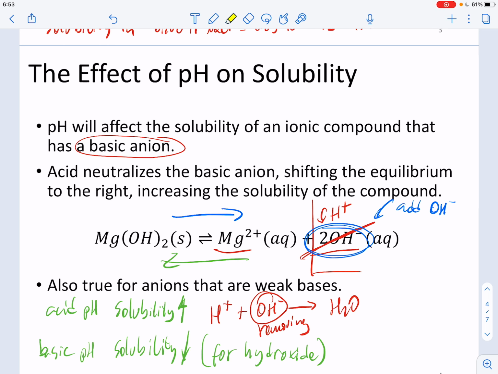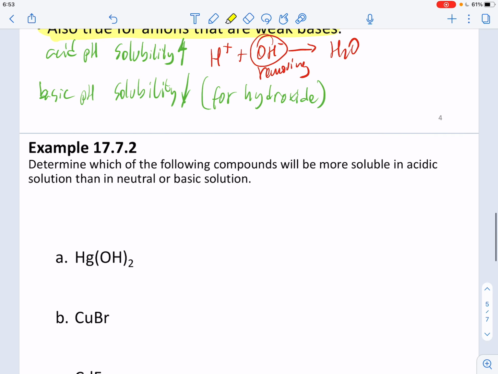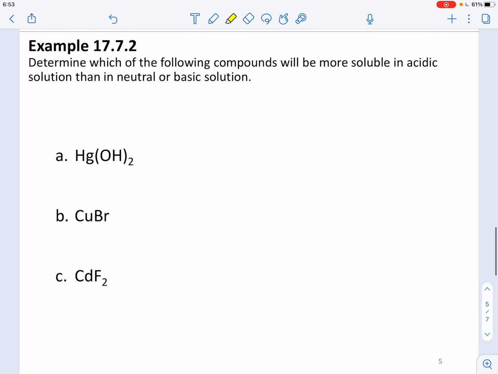So anions that are weak bases and that are different from hydroxides, their acid-base equilibrium will also be affected by the pH, and therefore so will the solubility of the salt that you are working with. So in this example, we have three different compounds here, and we want to know if they will be more soluble in acidic solution than in neutral or basic solution.